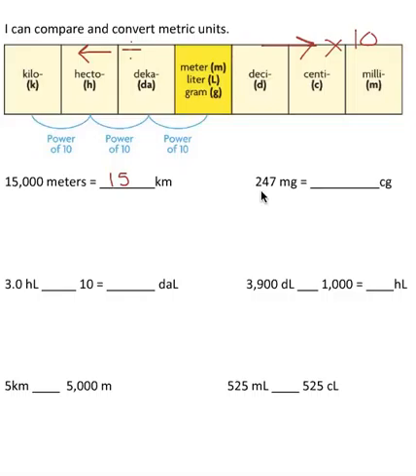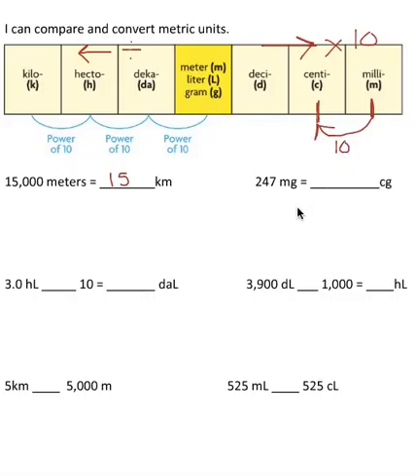If I have 247 milligrams, that puts me right here, and I need to get to centigrams, which is right here. I'm moving to the left, which tells me I'm going to be dividing, and I'm just dividing by 1 power of 10.